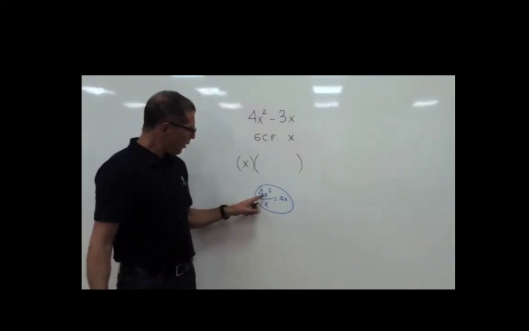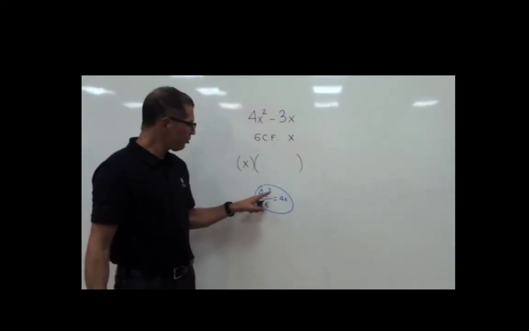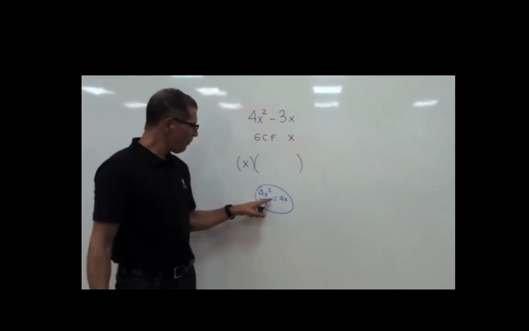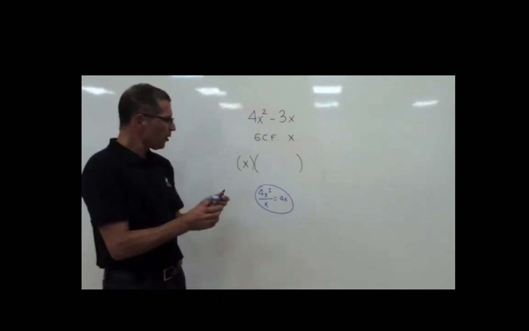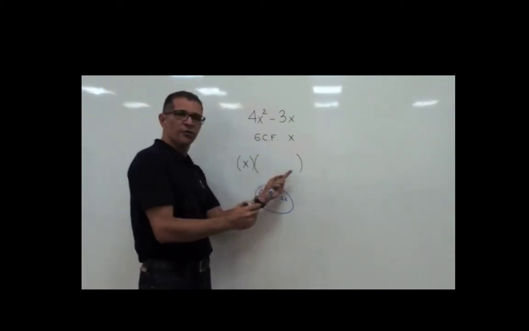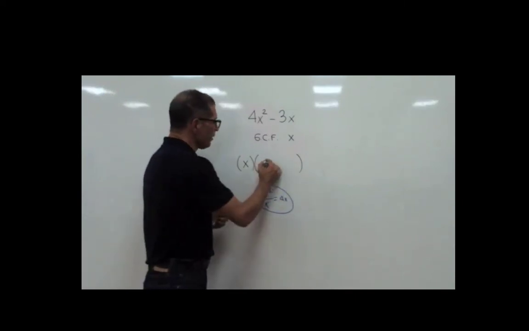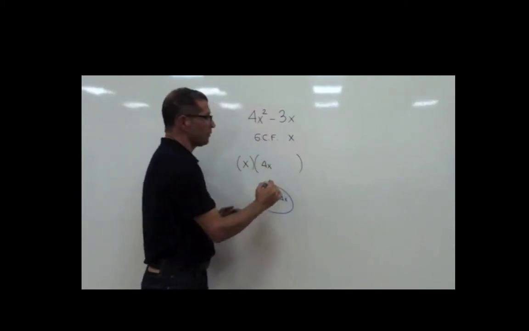When the base is the same, we subtract exponents: 2 minus 1 equals 1. So the first term that goes inside this factor is 4x.